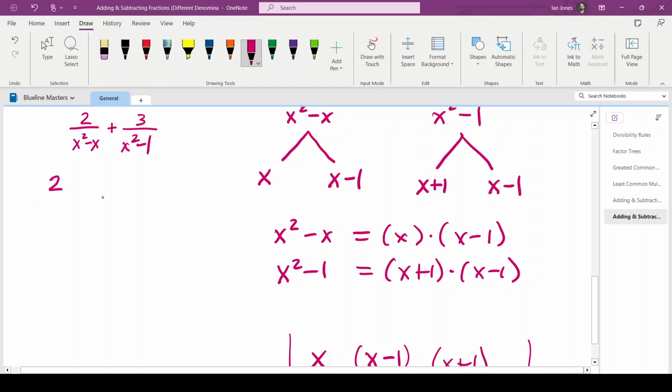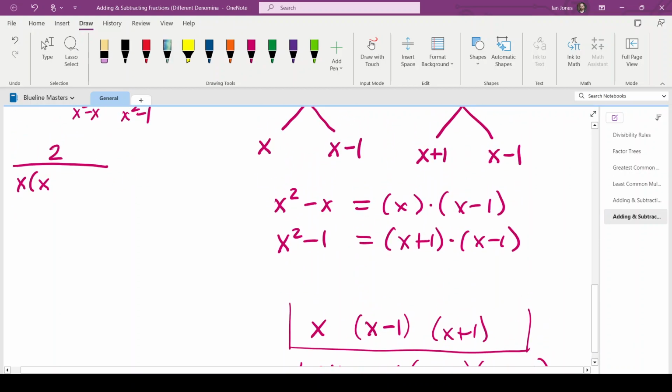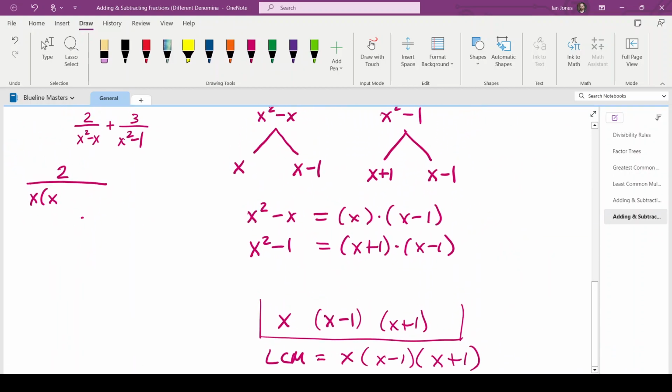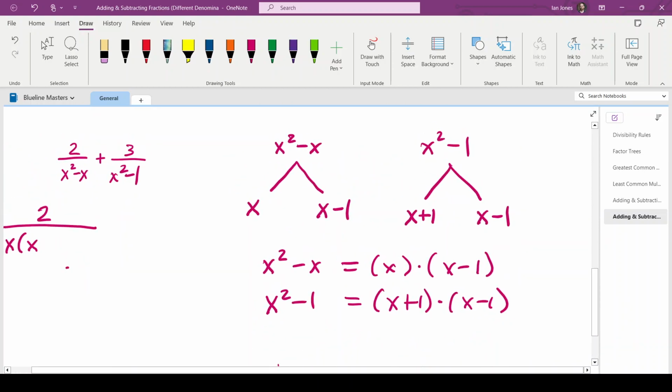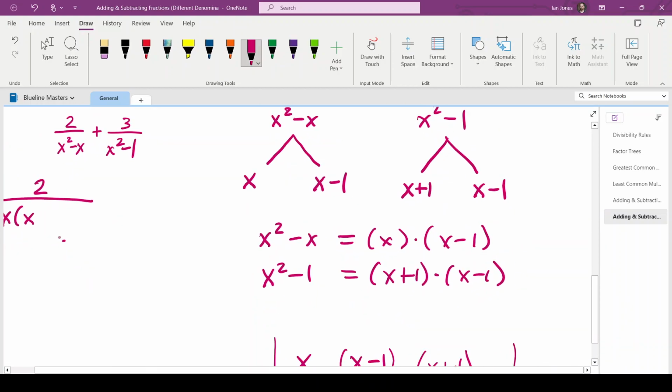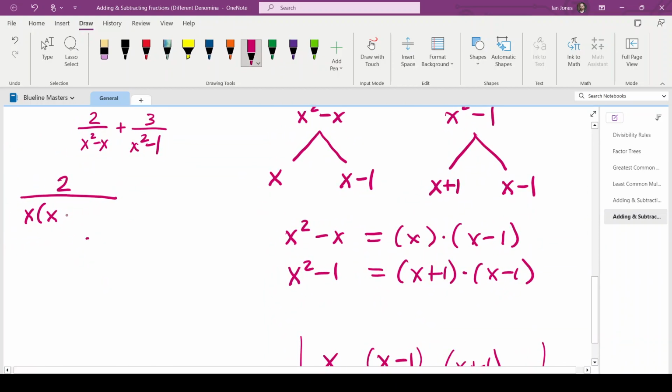So I have 2 as my numerator over x times x minus 1, whoops, x minus 1 times x plus 1, plus 3 over x minus 1 times x plus 1.